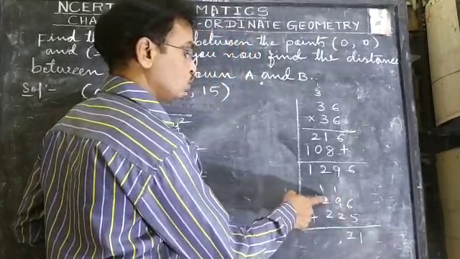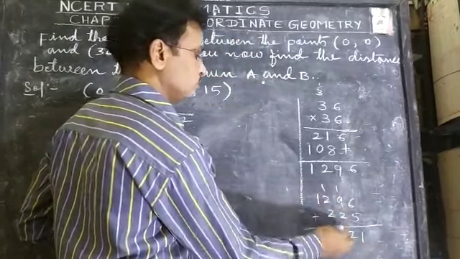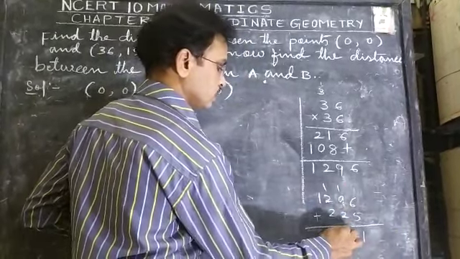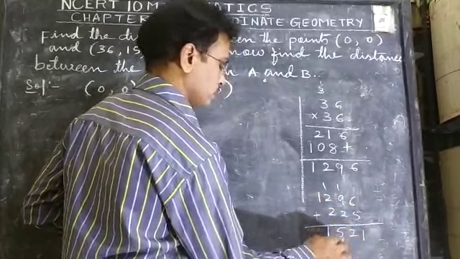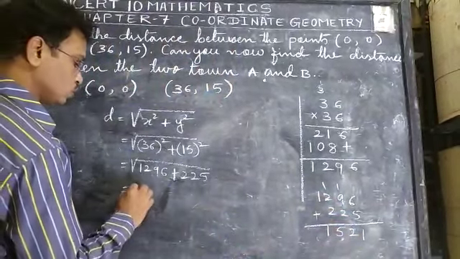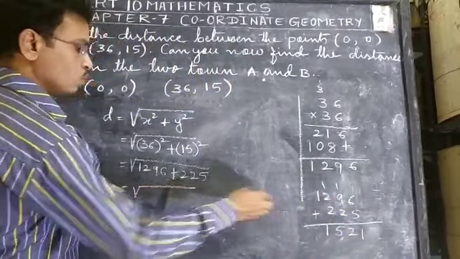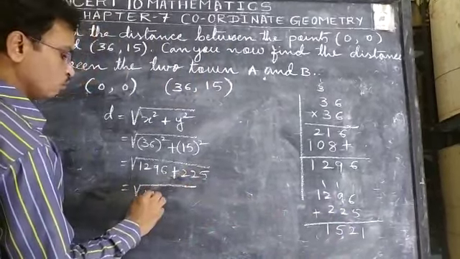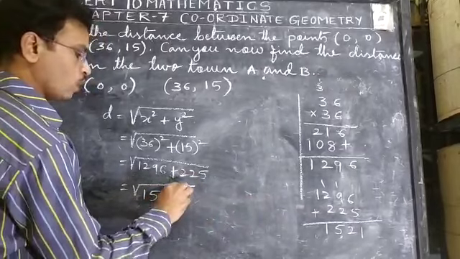Then 2 plus 2, 4 plus 1, 5. Then here 1. Then this is equal to square root of 1521.